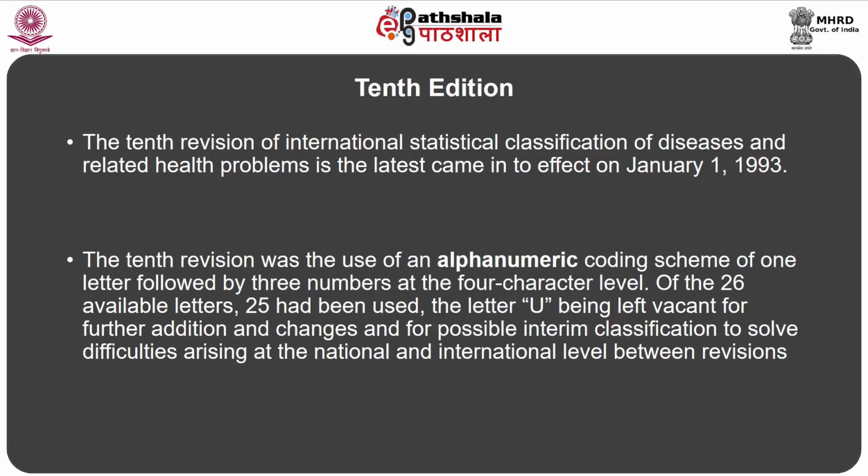Of the 26 available letters, 25 have been used, the letter U being left vacant. Further, additions and changes were made possible through interim classification to solve difficulties arising at the national and international level between revisions.